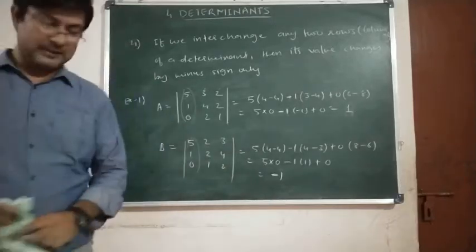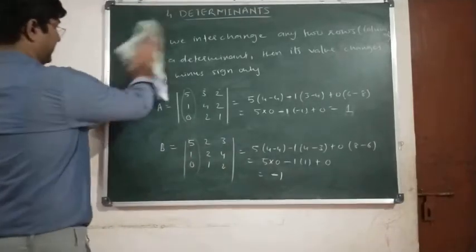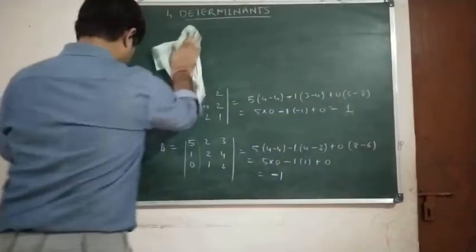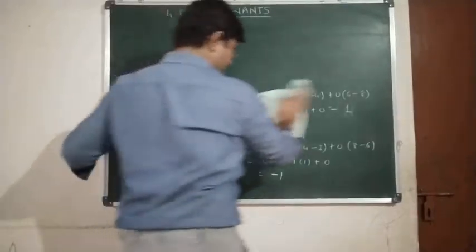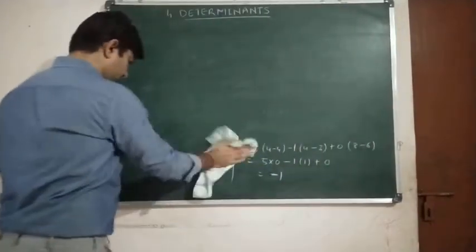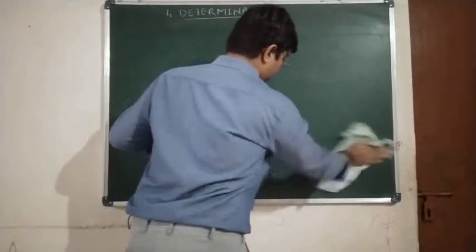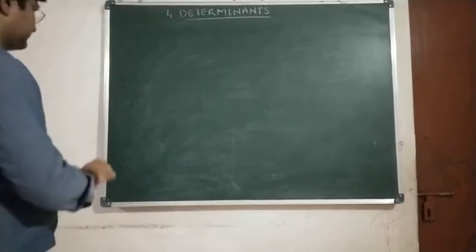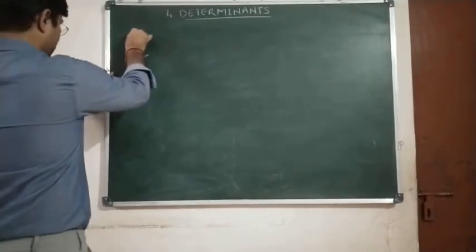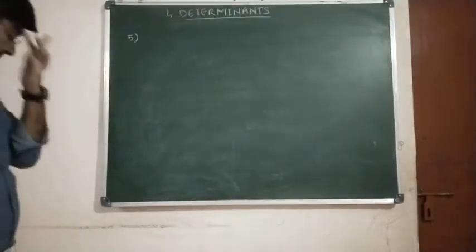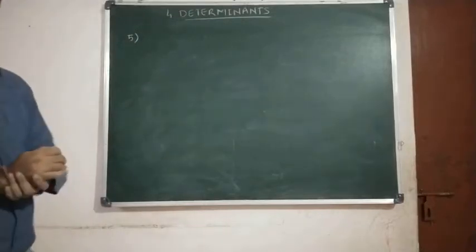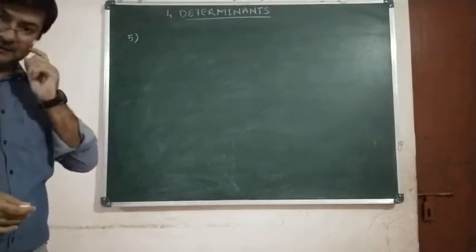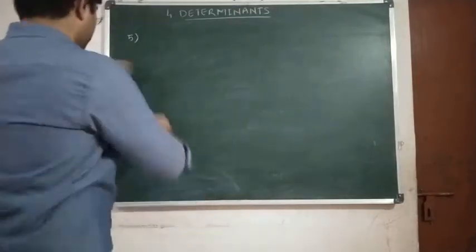Now let us check the next property, property number 5. Okay, property number 5 states that if any two rows or columns of a determinant are identical, then the value of determinant is 0.